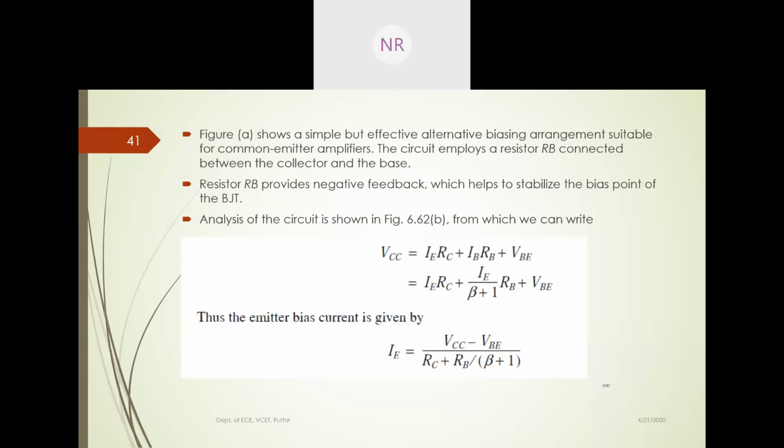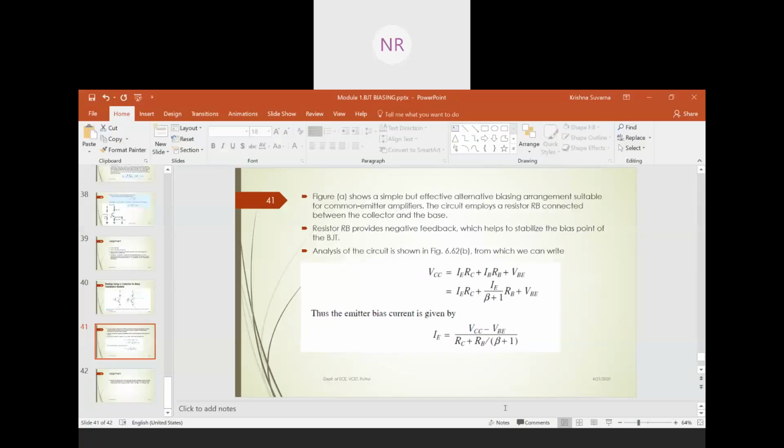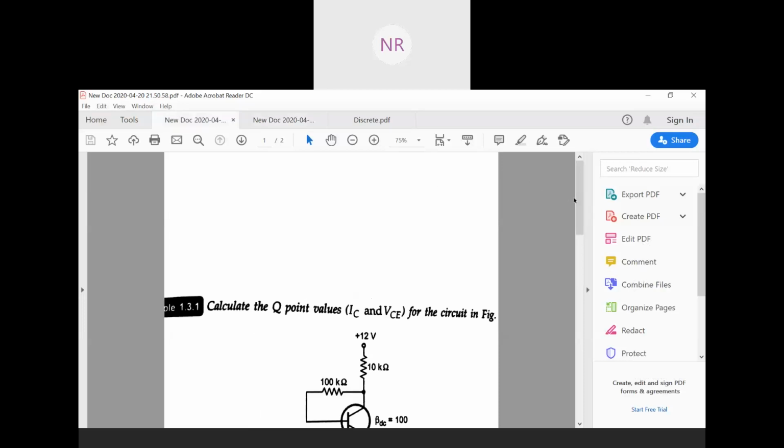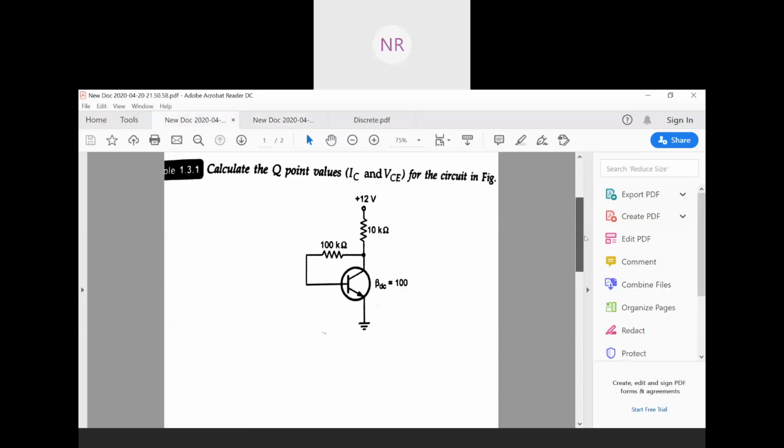So next we are going to see the problems under this. You see here, calculate the Q point values IC, VCE for this circuit.